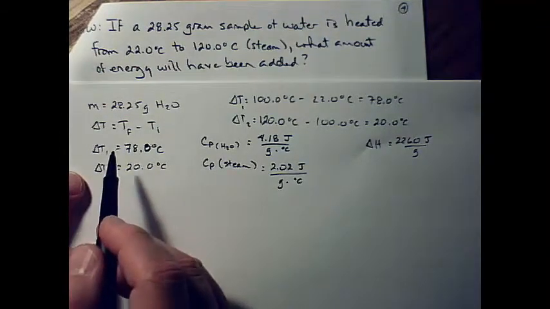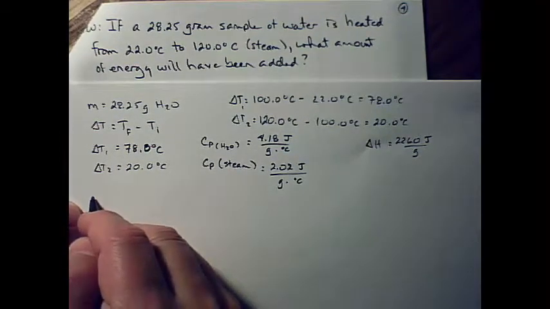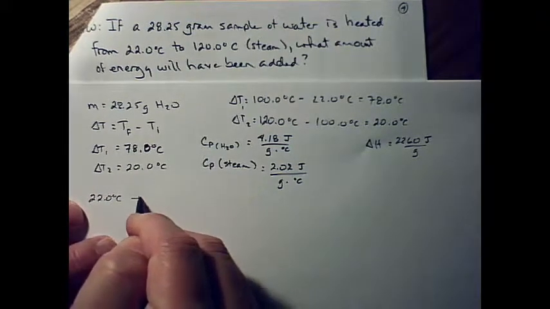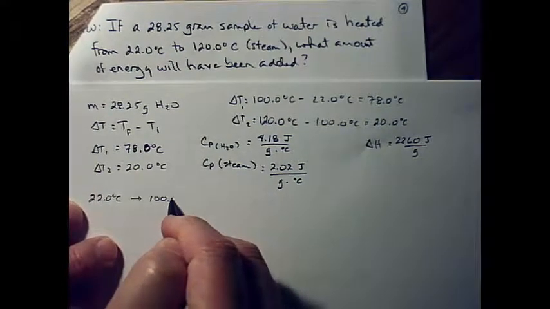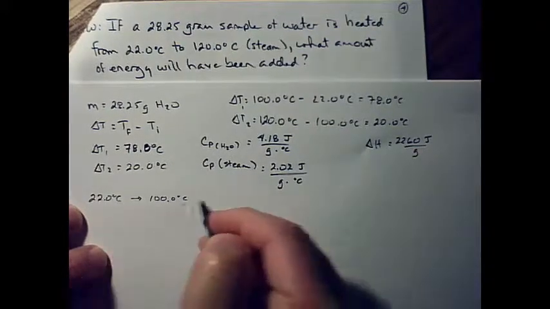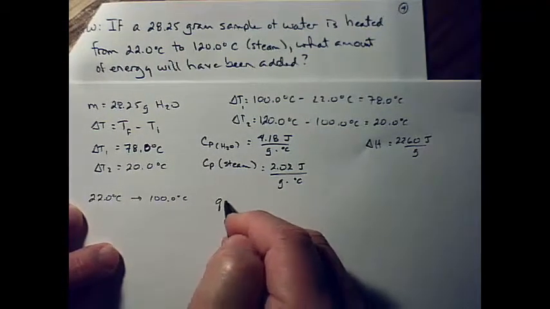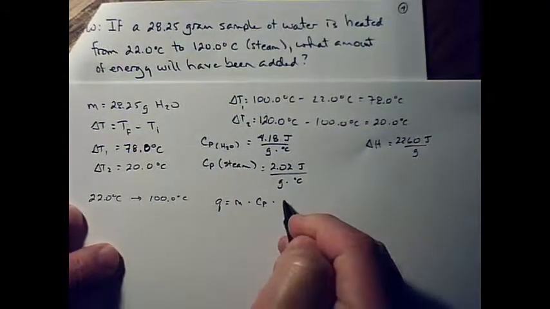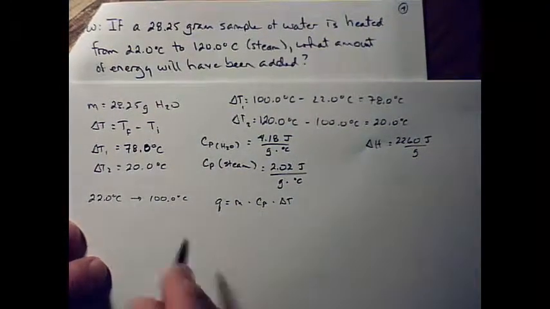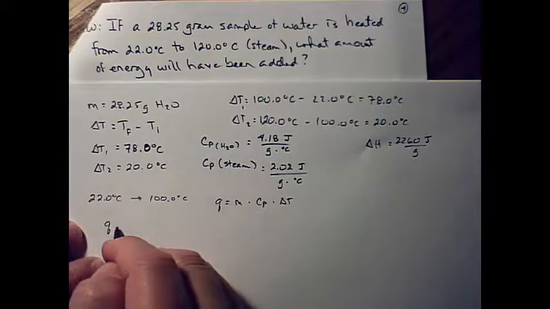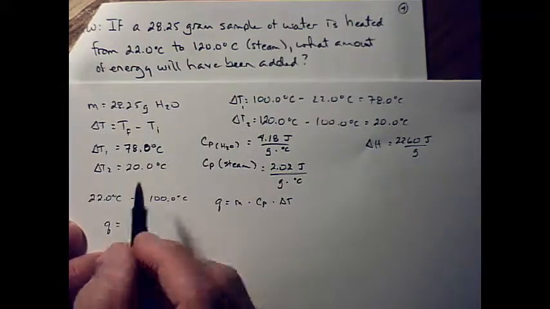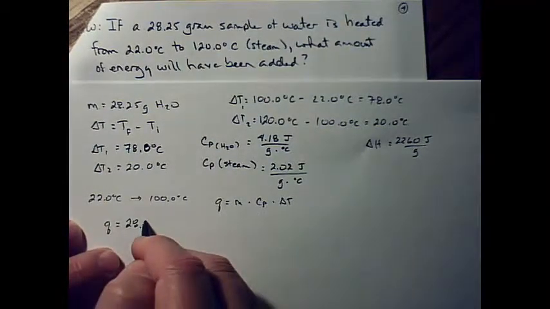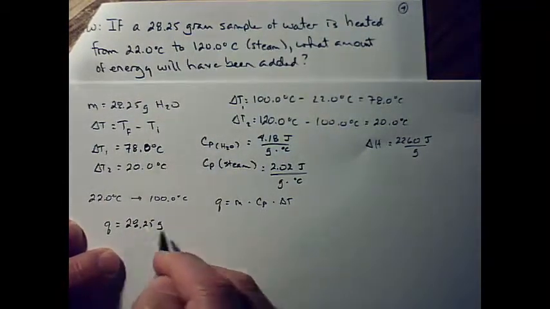Okay, and we've got 3 different equations to work with here. The first equation, going from this 22 degrees up to 100 degrees, is Q equals mass times specific heat times the change in temperature. Okay, so we're going to calculate it that way. Q, mass in this sample was 28.25 grams.